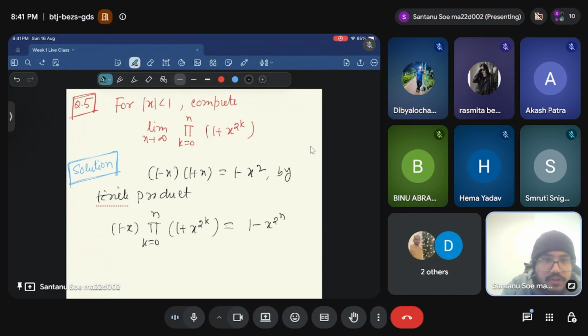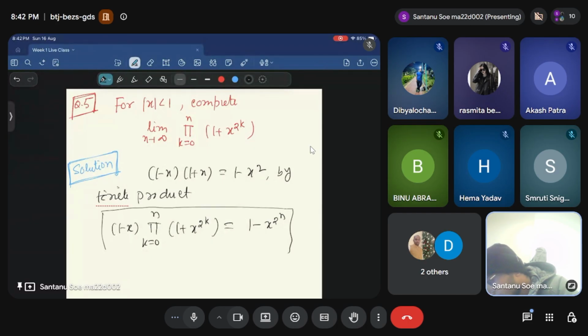So how many of you can get this expression? Yeah, my handwriting is not that good, but I hope everyone is getting it. If this is clear, then there is nothing more to explain here.